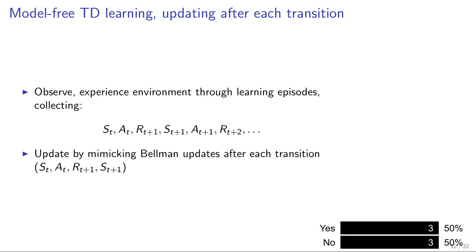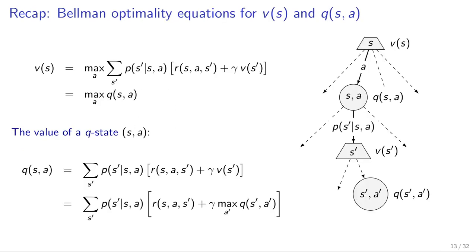Which is not the best way of solving. The key idea here is temporal difference, which allows you to update your model with basically every move you make. So it's called temporal difference learning, and it's mimicking the Bellman updates, but just in one step. So we will see how that works.